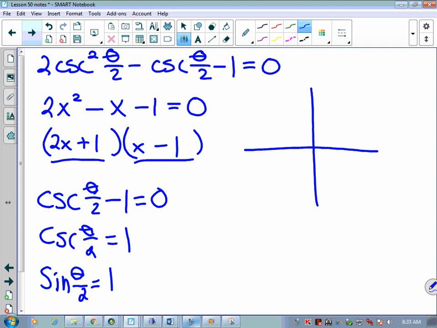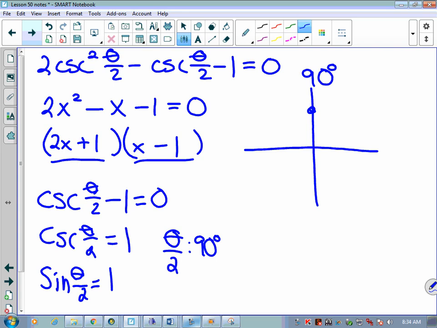What degrees? 90 degrees. Okay? So what we're saying is that theta over 2 first shows up at 90 degrees. And really, that's the only place where it shows up, because that's the only place where sine is positive 1.